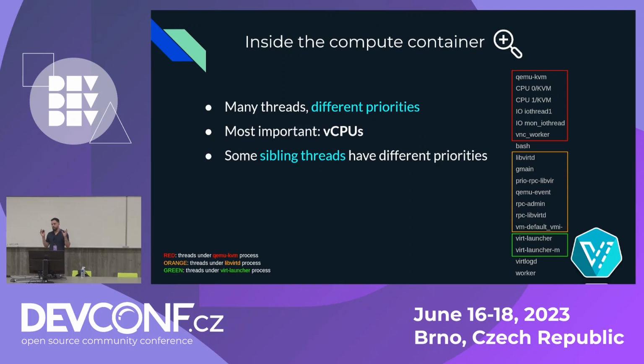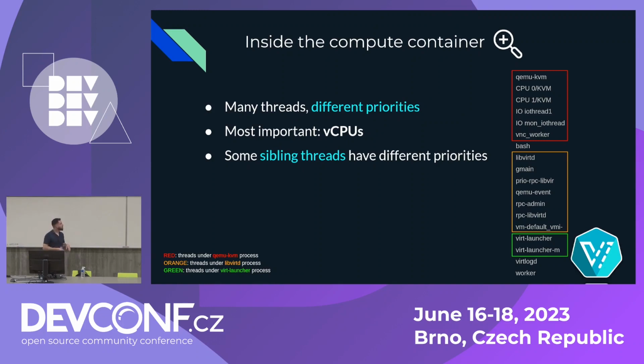allocated it with dedicated CPUs, and now all of these different threads are running on these CPUs. So what happens is that we would have to preempt or context switch the vCPU threads in order to run different threads. And this becomes even more complicated because all of these threads have very different priorities. And some sibling threads of the same process have different priorities.